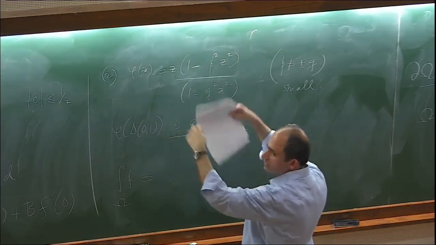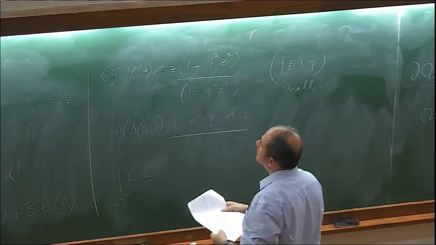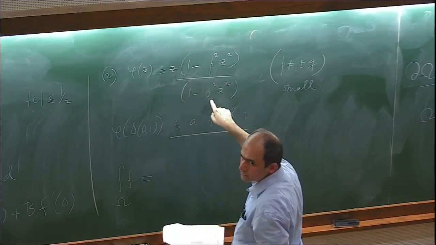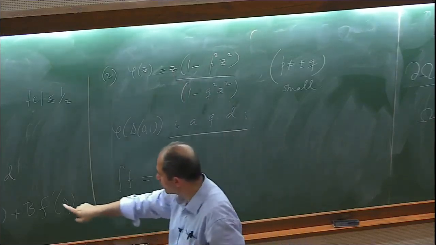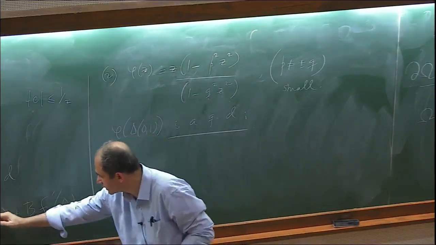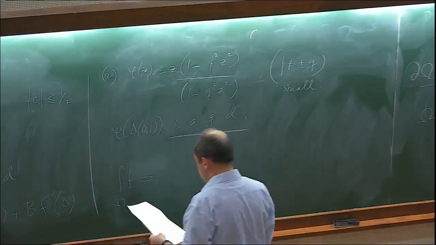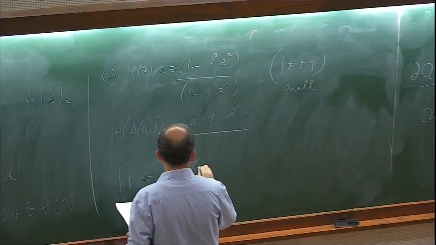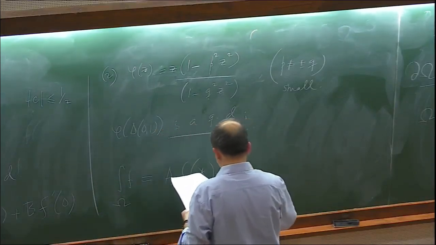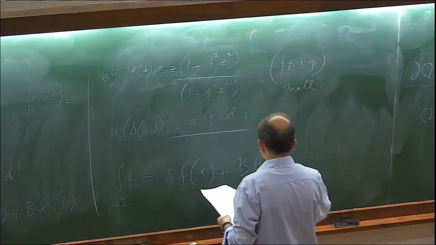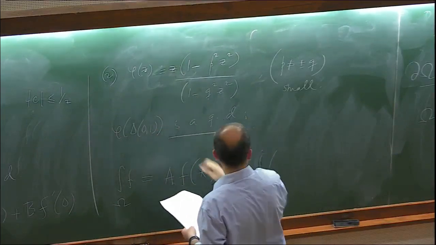So I invert all these 3 points. And all of these are simple poles. So in your quadrature identity, you will not have any derivatives. In fact, you will get a linear combination of evaluations at these nodes. So this is the integral of a times f of something plus b of something else. There's something else I can compute. Infinity gets inverted to 0.